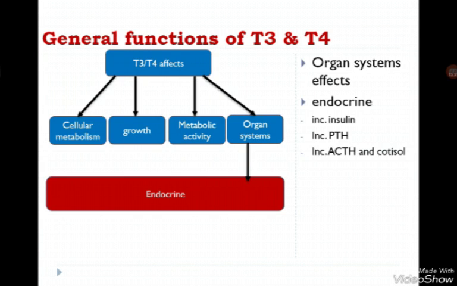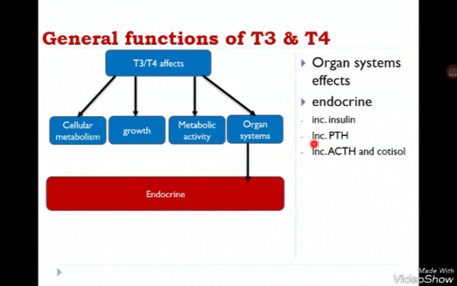Thyroid hormone also enhances the growth process. So someone who is still growing needs a lot of calcium. Okay, to increase the blood concentration of calcium, parathyroid hormone will be secreted as a negative feedback mechanism.